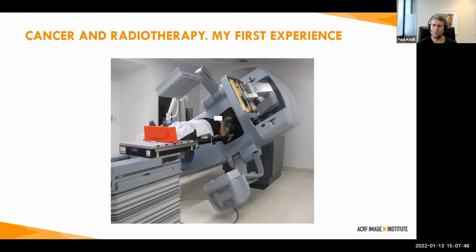In this room, every day, 30 or so cancer patients will come in, be positioned by the staff, and then lie down on this machine and be treated with radiation therapy. It was a really moving experience for me to be in that environment for the first time, and very sobering and focusing on the patient. This isn't just an academic exercise; at the end of the day, we're hoping to improve the quality of life of cancer patients.